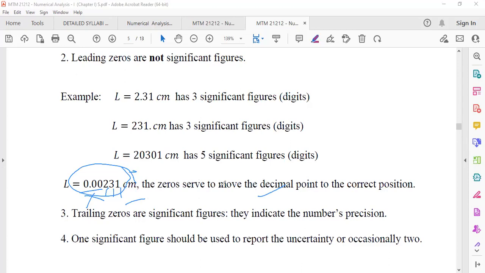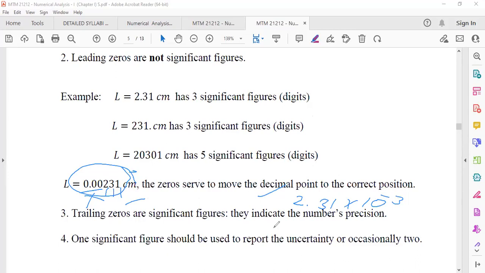So actually the leading zeros, in floating point we can write it like 3 times 10 to the power of minus 3. Am I right? 1, 2, 3. Isn't it? So 1 time, 2 times, 3 times, minus 3.